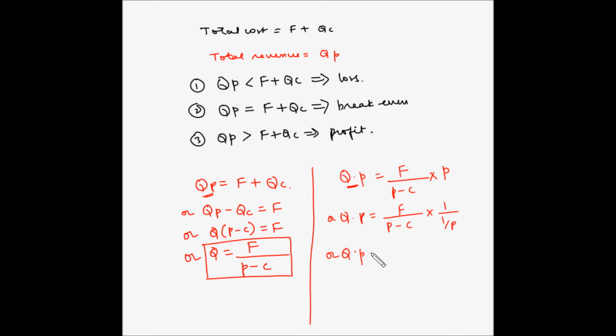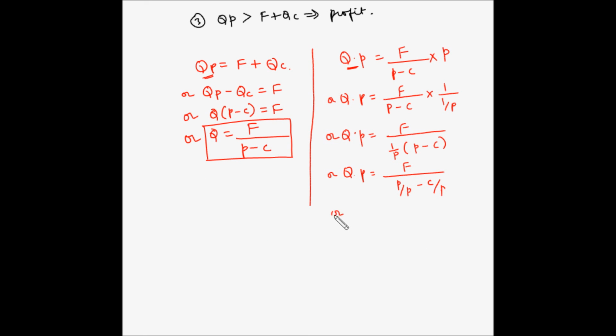Or QP is equal to F divided by 1 by P multiplied by P minus C. Or QP is equal to F divided by, now we'll open this bracket, so P divided by P minus C divided by P. Or QP is equal to F divided by 1 minus C by P. So here we have the formula for finding out the revenue at which the firm will break even.